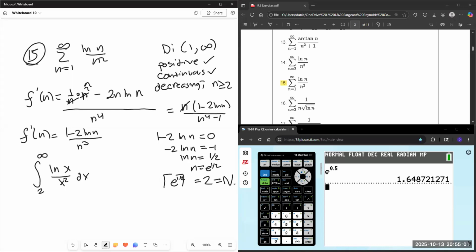So I'm positive, continuous, and decreasing on 2 to infinity. Now, why can I do that? Because this right here is the same thing as if I just pull this first term out and find ln of 1 over 1 squared, which is 0.